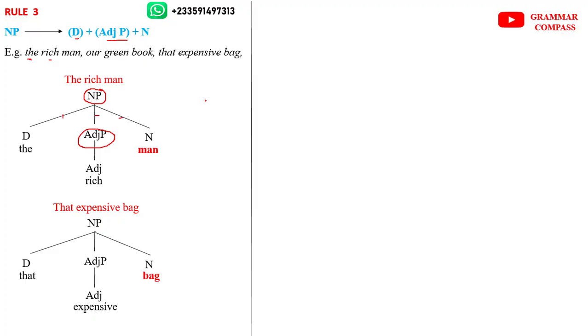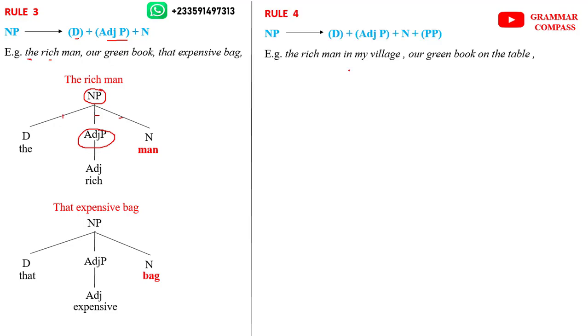Let us move on to rule number 4 of the noun phrase. This is rule number 4. Can you read the rule? That is why we learned about the general rule schema, how to read phrase structure rules. So you've seen that it is very important to watch all the videos in order to understand what we are doing very well.